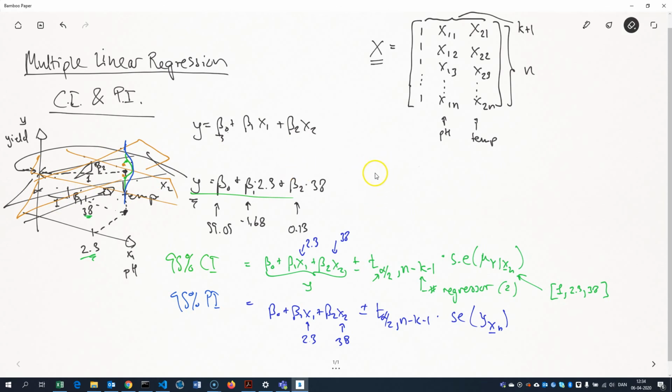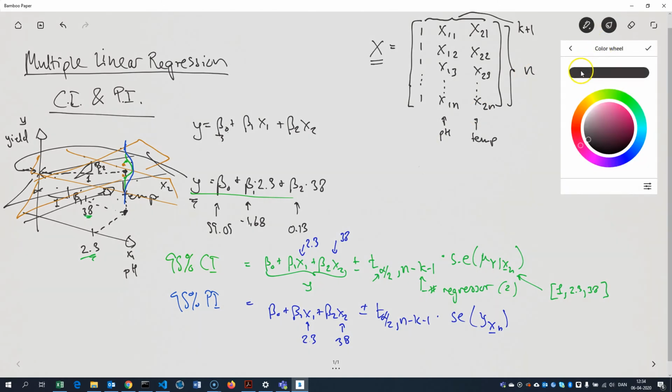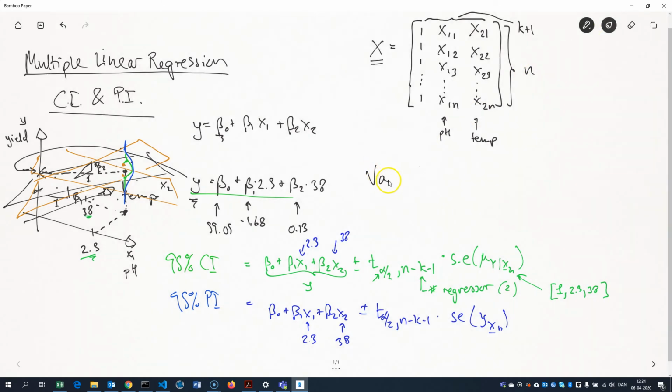Now it turns out that the variance of the mean predicted response, so this is the square root, this is what we're looking for, but that's just the square root of the variance of the mean predicted response. The variance of the mean predicted response is given by this formula, which I won't derive here.